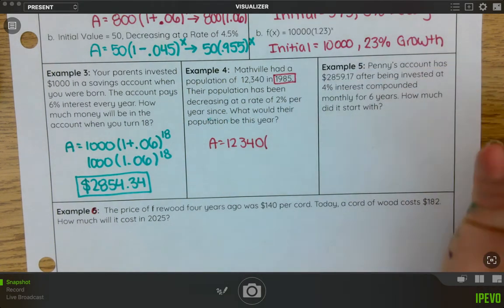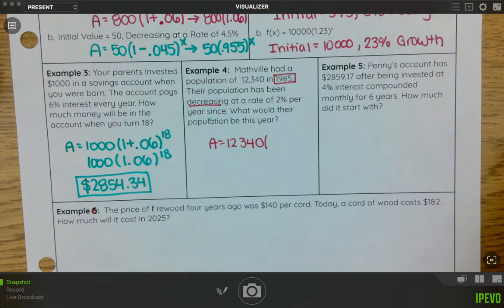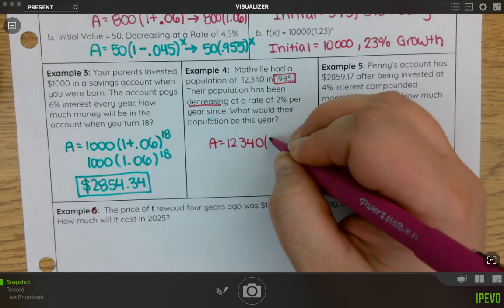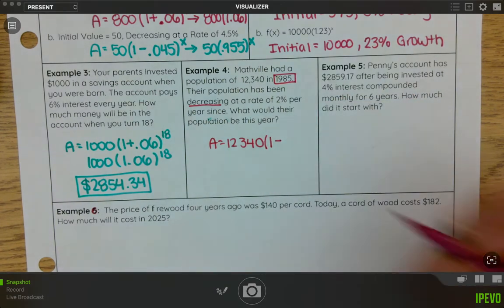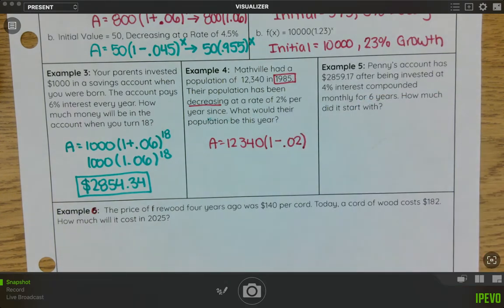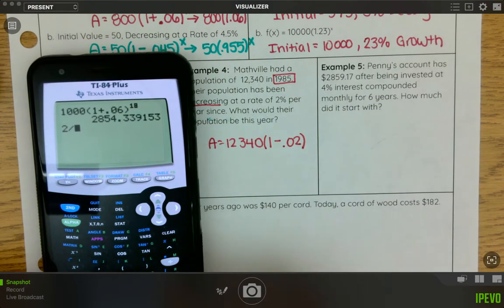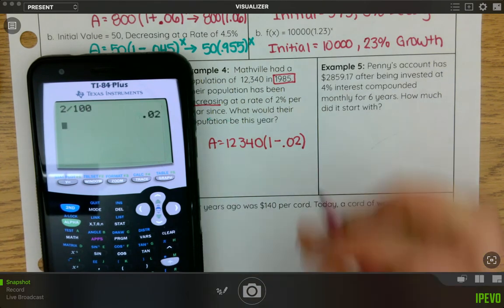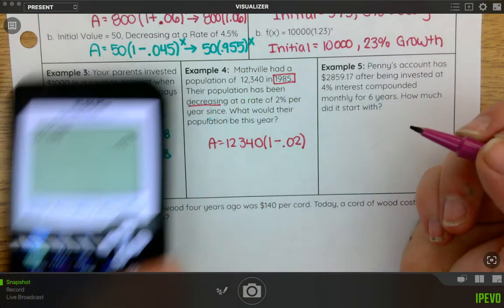And then in the parentheses, it says that this is decreasing at 2% per year. That means it needs to go down. So 1 minus 0.02. Okay, again, 2% as a decimal is 0.02. And I'm subtracting because it says it's decreasing.